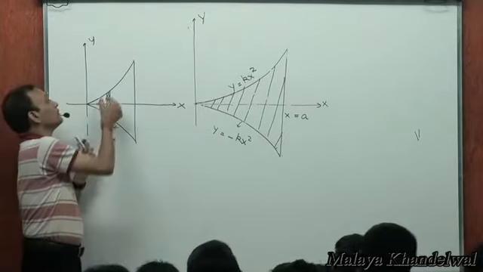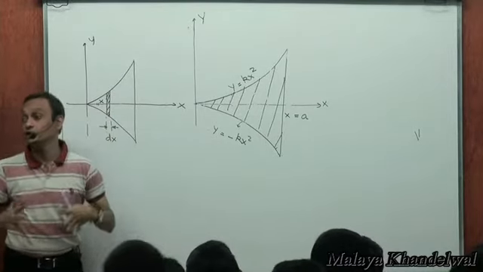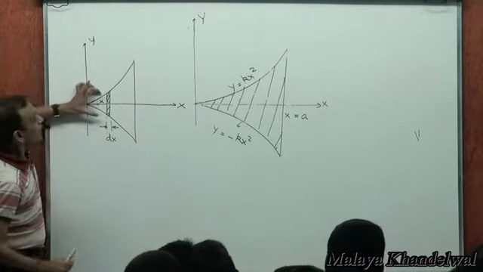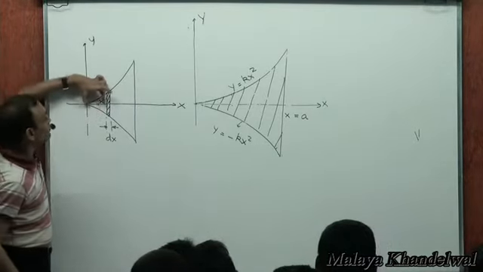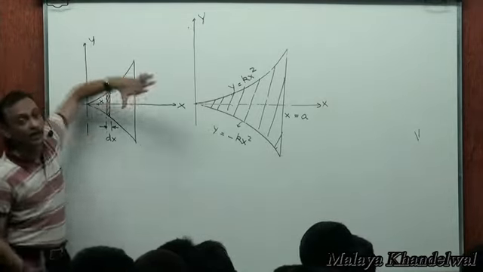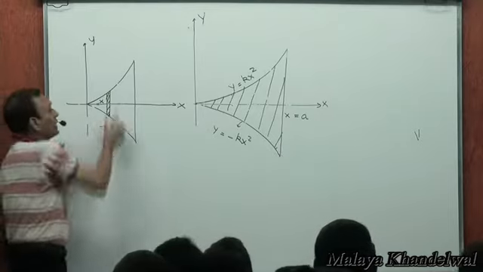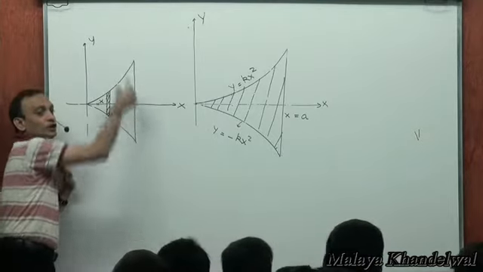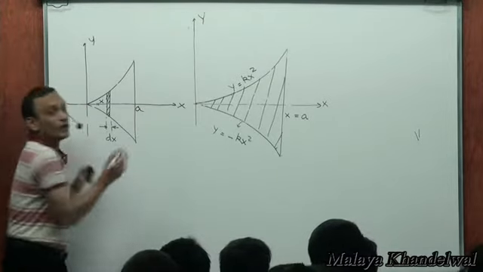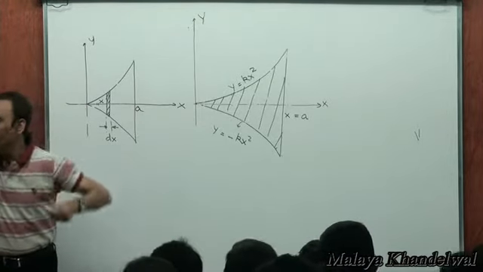So in order to find the x coordinate of the center of mass of this structure, what is it that I would do? I would take the mass of this into the x of this, mass of this into the x of this. I'll do that for all these parallel strips, starting from x equal to 0 to x equal to a, to cover the entire lamina.